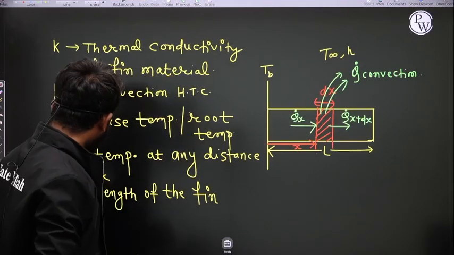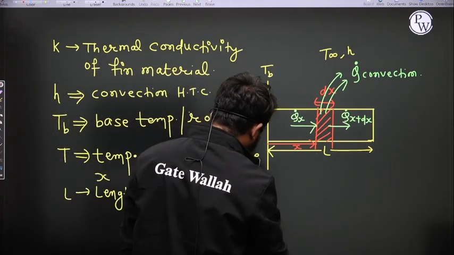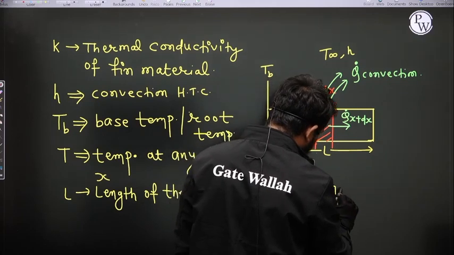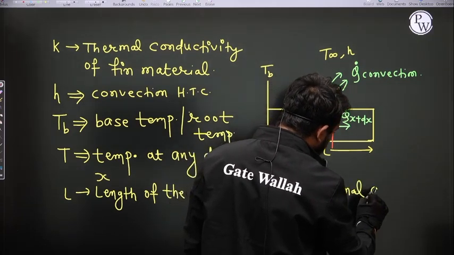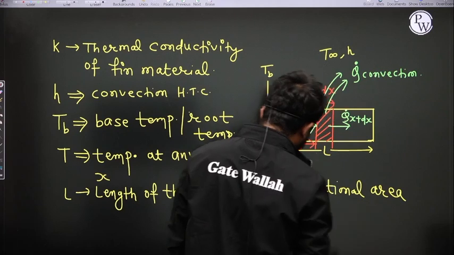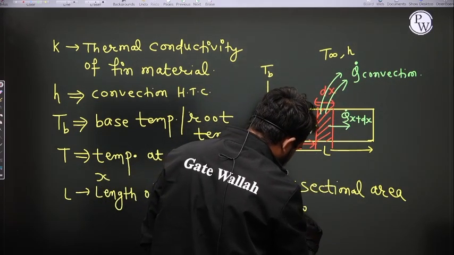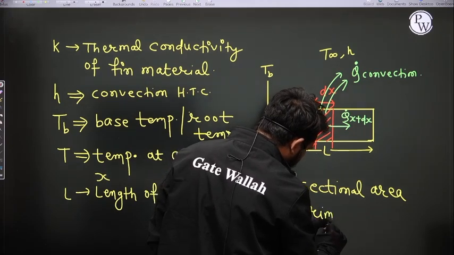Now see, what is Ac? I am considering Ac as the cross sectional area. And what is P? This P is the perimeter of the fin.